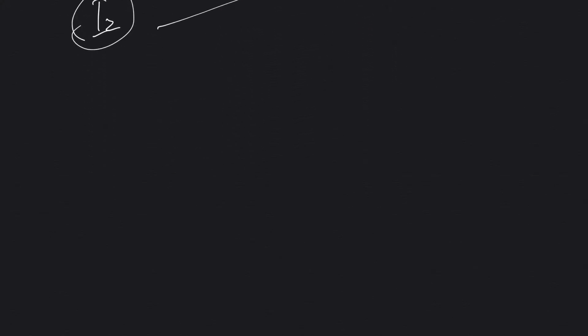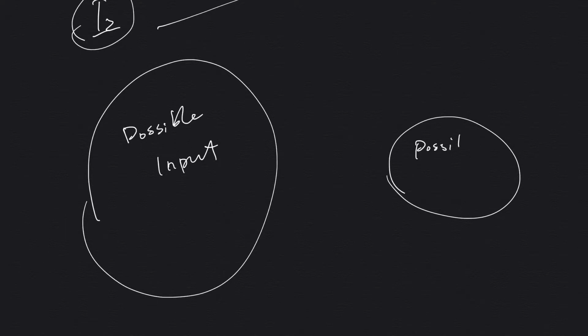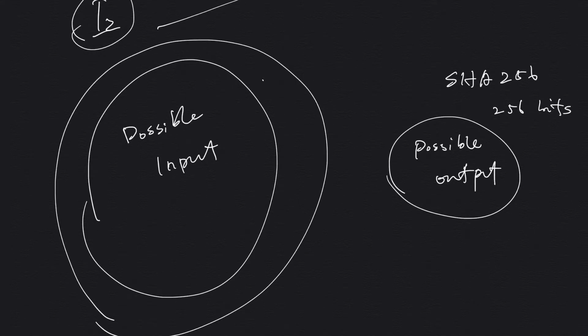Here's why. Given the hash function, the possible input and the possible output are different sizes. The possible input has a fairly large size, which is much larger than the possible output, which is fixed. For example, SHA-256 only has 256 bits, but the input can be anything.